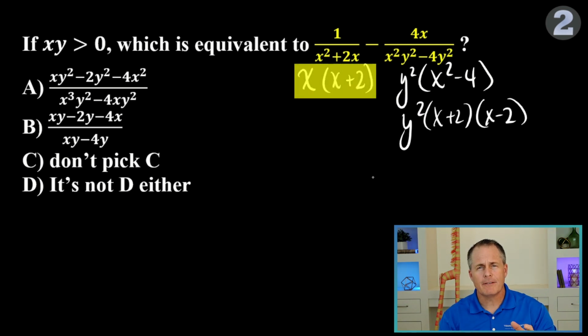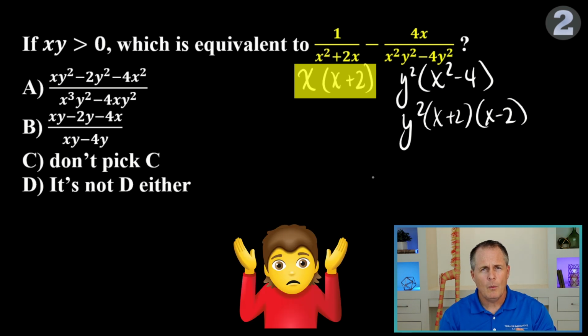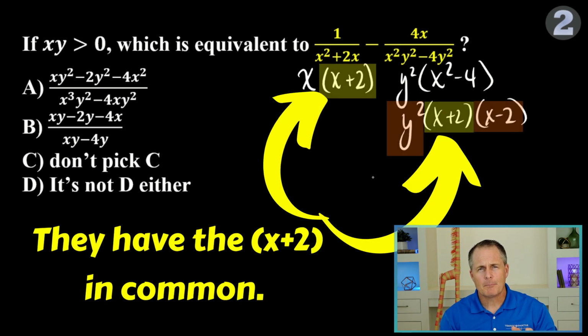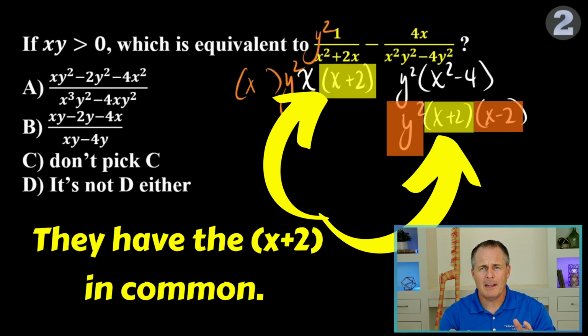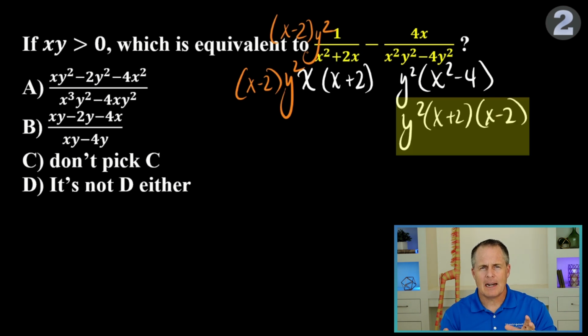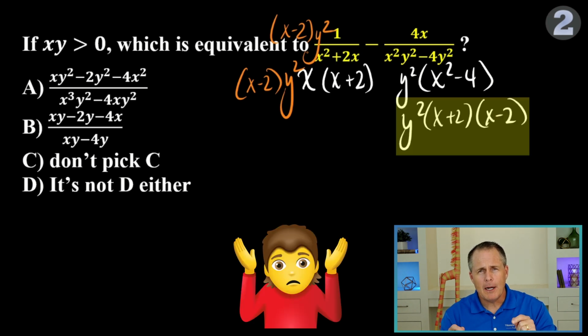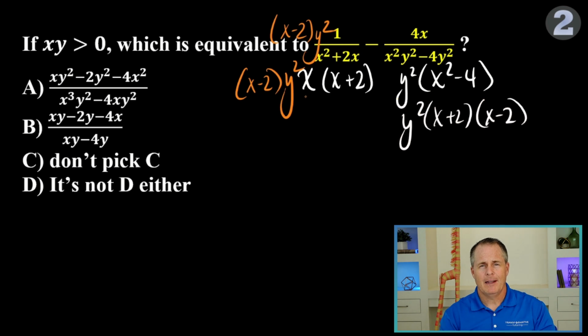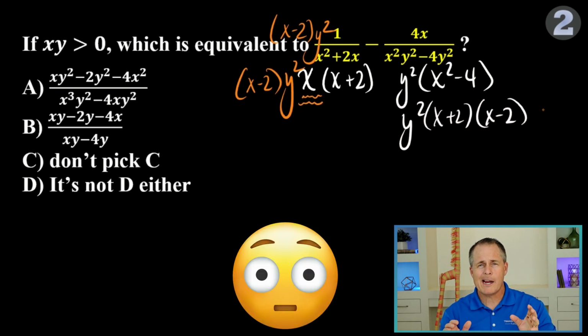So you look at the first denominator and say, "Hey, little buddy, what are you missing?" And it probably replies, "I'm missing a y squared and an x minus 2." Now look at the second denominator and ask, "Hey, little buddy, what are you missing?" And it probably replies, "Oh my gosh, I'm missing an x."